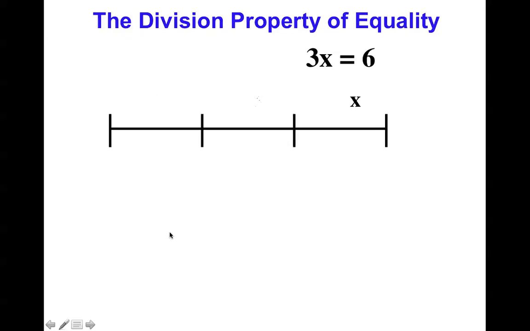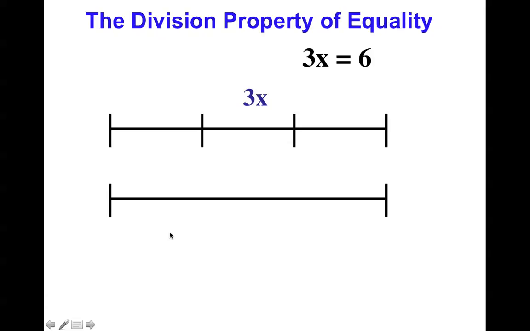I hope you notice that all these x's equal 3x, and these 3x's equal 6. So, if I divide the 6 into 3 separate groups, much like I have divided the 3x into 3 separate groups, each of these groups would equal 2, just like each of these groups equaled x.